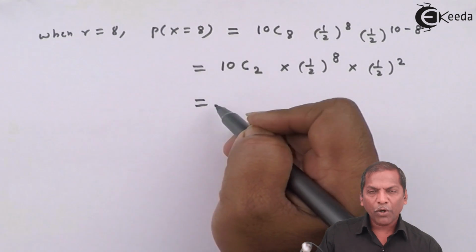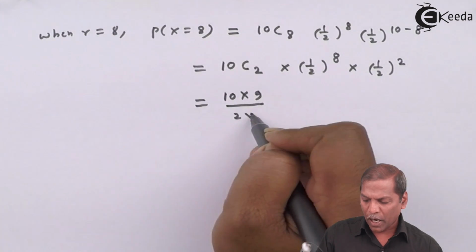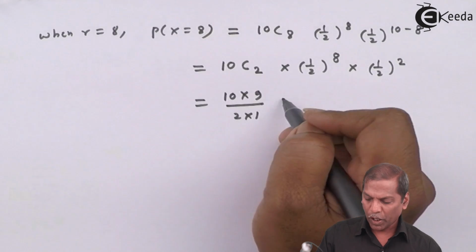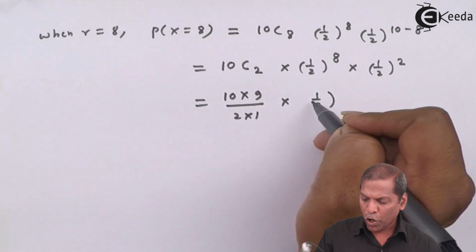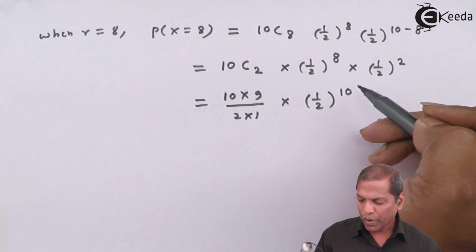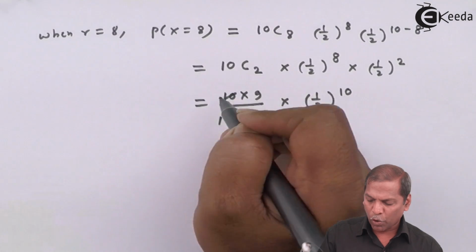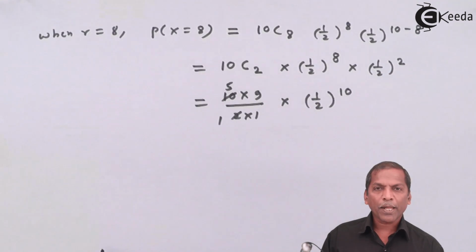Now 10c2 can be calculated as 10 into 9 upon 2 into 1, into 1 upon 2 raised 8 plus 2, so that gives 10. Now on cancellation we get 2 ones are 2 and 2 fives are 10.